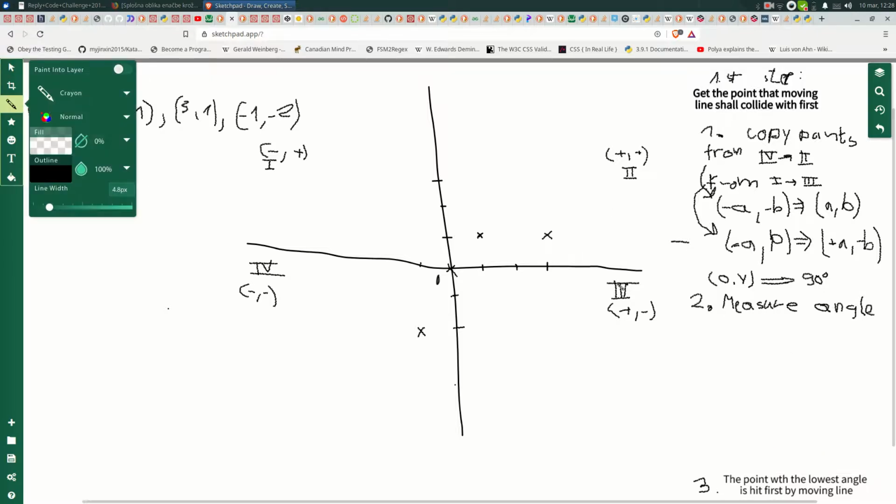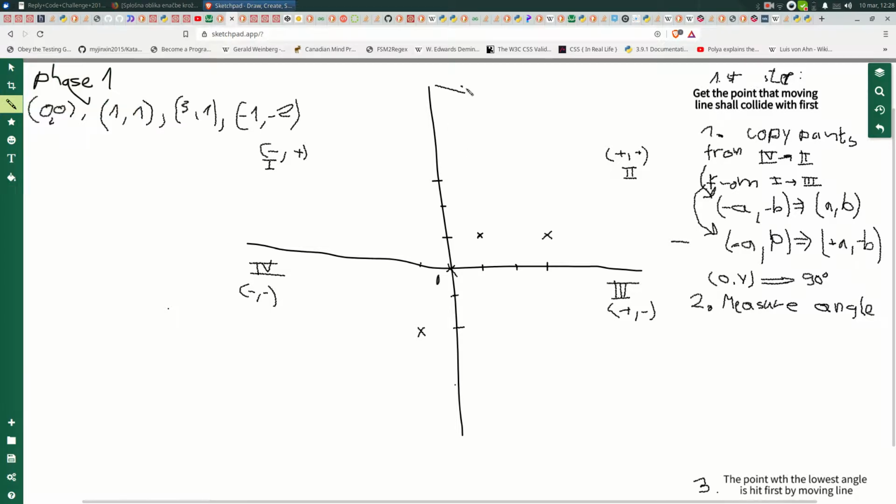We're over here. So how do we measure angle? Well, basically now we have points in the second and the third quadrant, and the first quadrant is, I think, quite simple because it's moving this way.